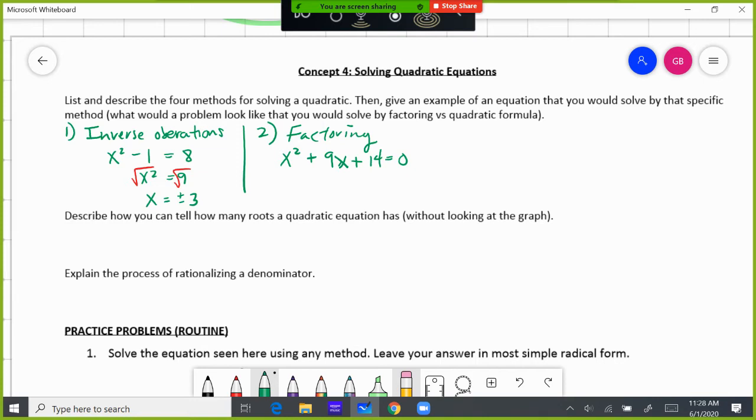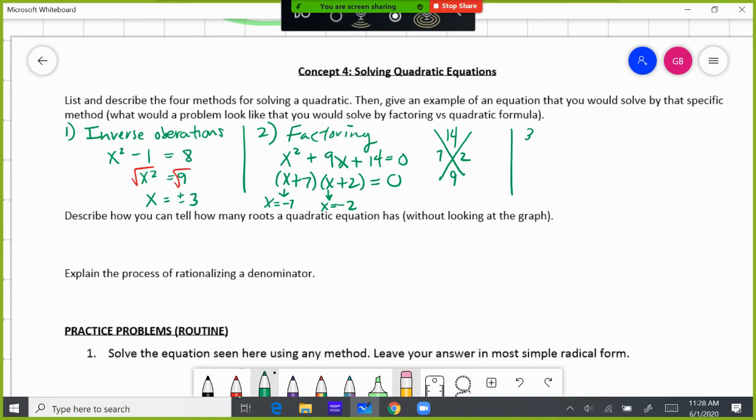To factor this, you're looking for numbers that multiply to 14 and add up to 9. And that's going to be 7 and 2. So those are your factors, x plus 7 and x plus 2. And then the values that make this 0 are going to be -7 and -2. Those are your solutions.